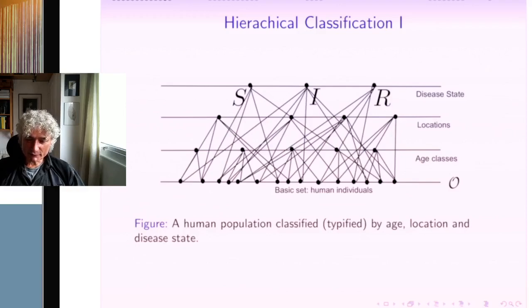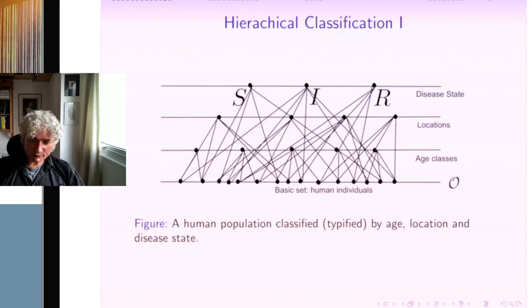Each one of them, so age classes, locations, and disease state, are all direct classifications of the basic set, which here consists of human individuals. So this means this is not a real hierarchy which you are drawing. It's 3 different classifications on top of each other, but they are independent of each other.